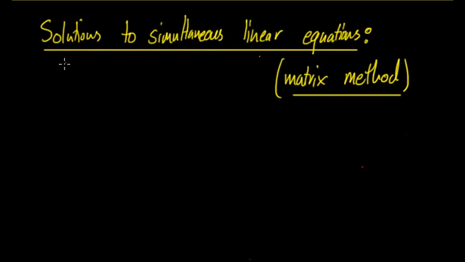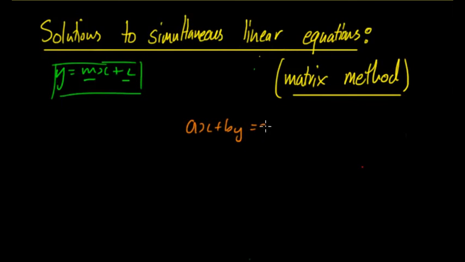The previous one we had was y equals mx plus c, and we looked at the gradient and the translation. But now we're going to set up a matrix and then look at the determinant. With this method, rather than setting up the equation as y equals mx plus c, we want to set it up so that we have ax plus by is equal to c.